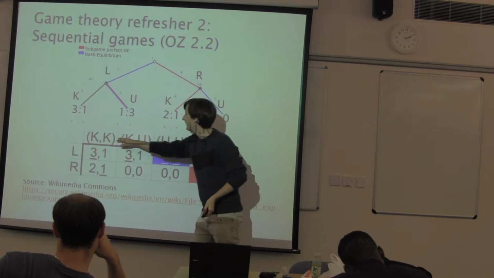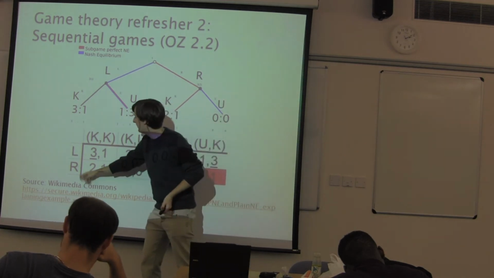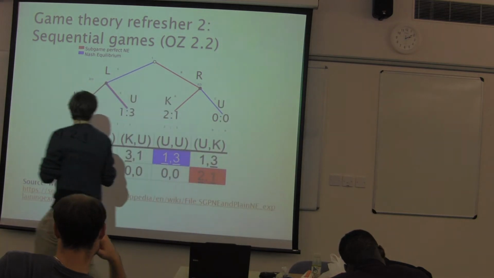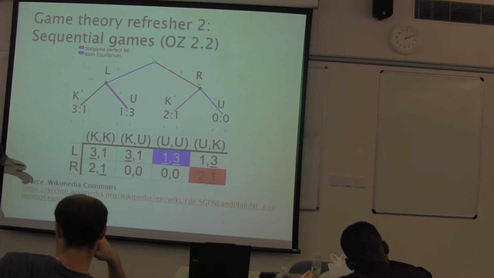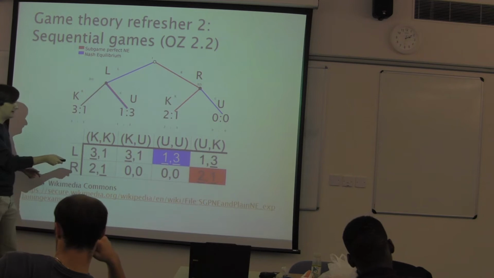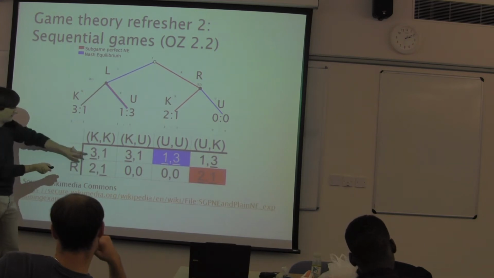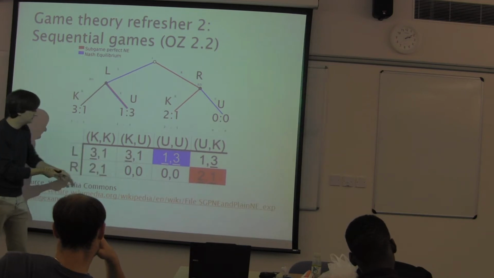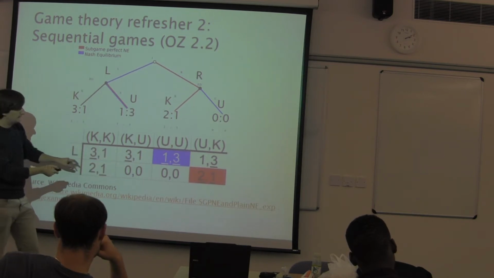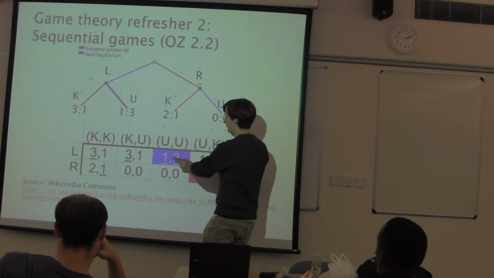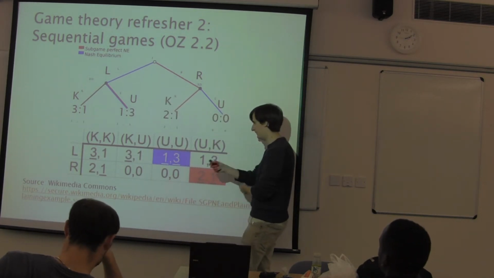These are the actions of player 2, these are the actions of player 1. And you can go through the game to find which the best responses are. The best responses here are underlined. And it's easy to see that we now have 2 Nash equilibria in this game.